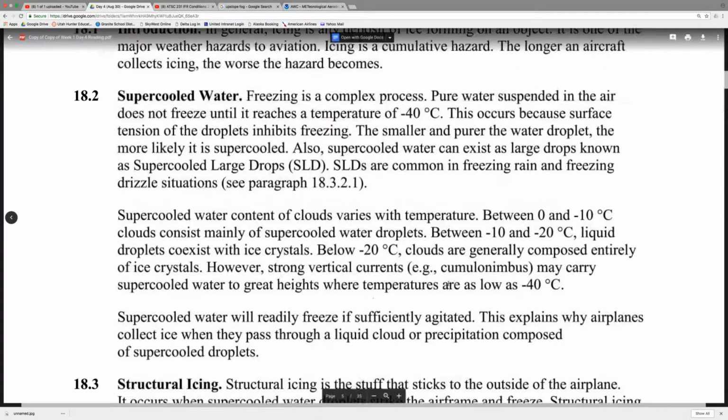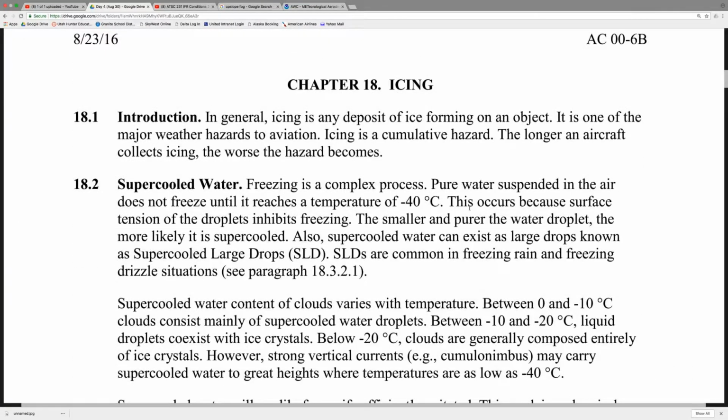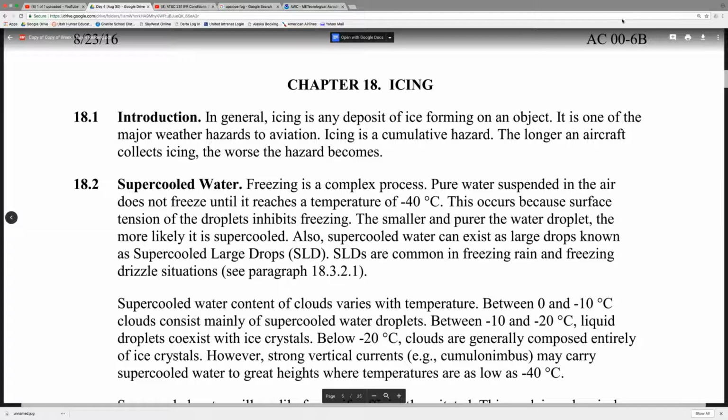Okay, so we've got 3 different types of icing. Icing is super cooled liquid droplets that as soon as they make contact with the aircraft, they instantly freeze. We talked about the water bottle that's really cold and you pour it onto a metal plate and it instantly turns to ice.